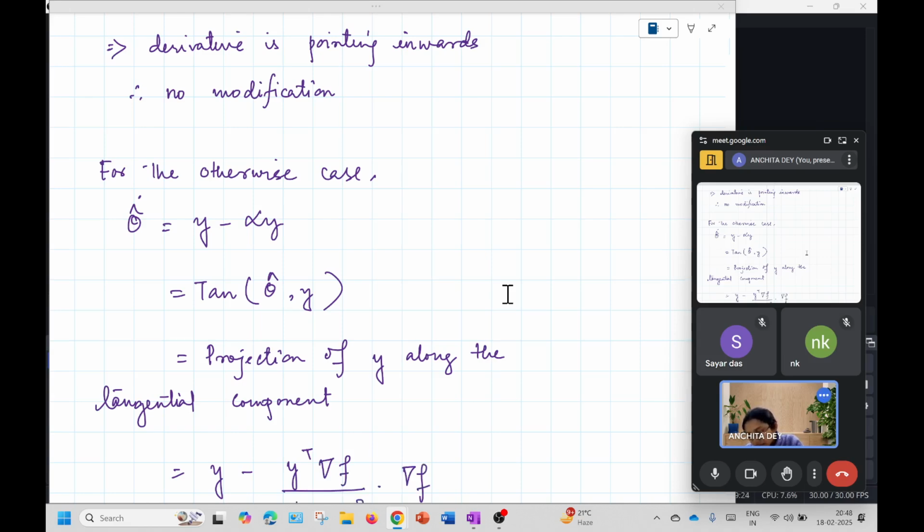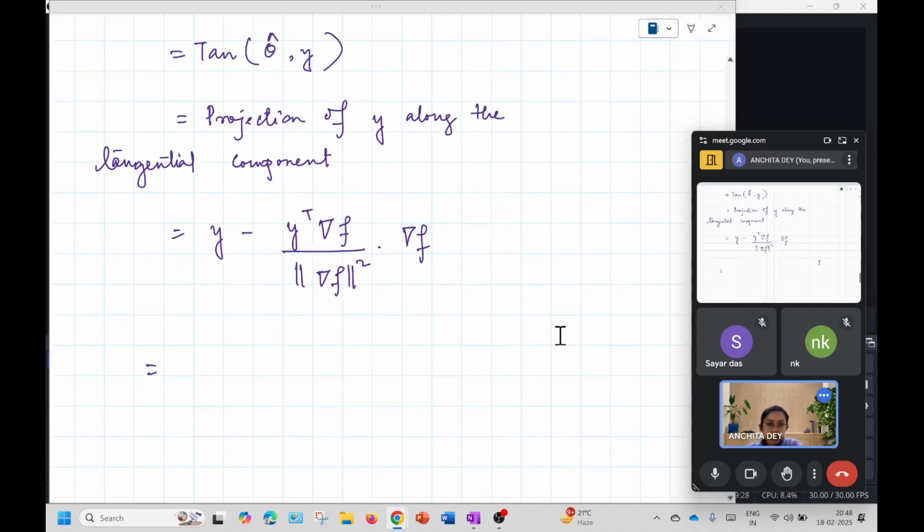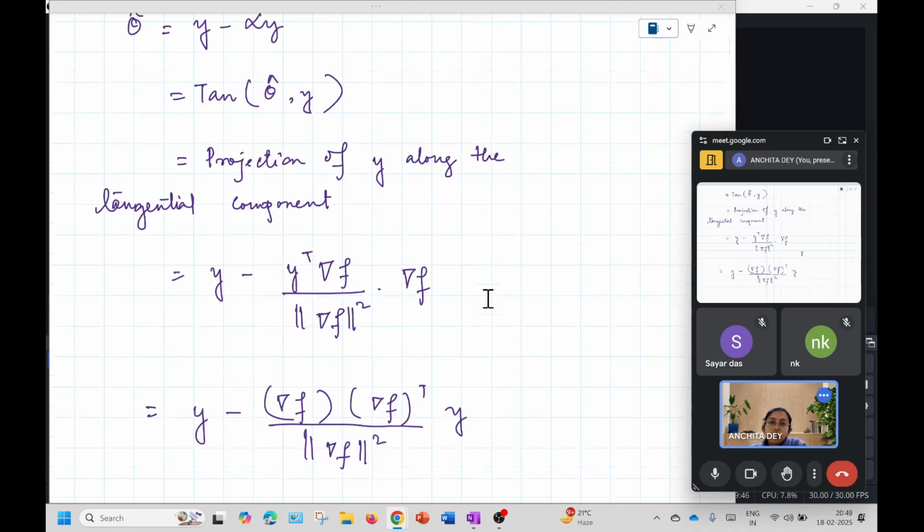So this was done in class, so I will not be going into the details of how we derive this. And then we can also write it as y minus grad f transpose into y divided by grad f norm squared.